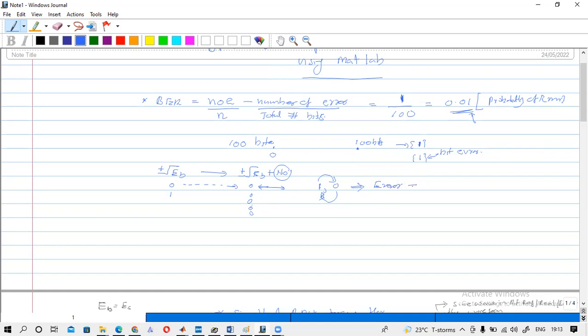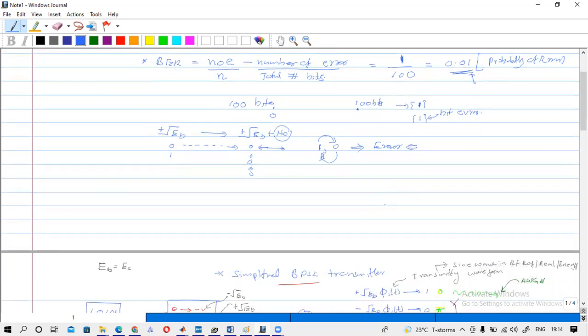It can happen here because we decide the received signal based on the decision boundary. Sometimes the received signal can be shifted to the other region. In that case, we will be decoding it wrongly, incorrectly. So errors can happen.